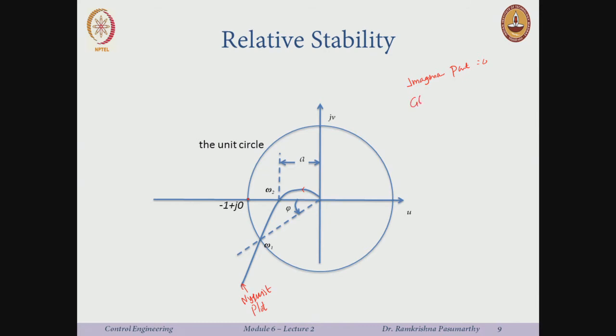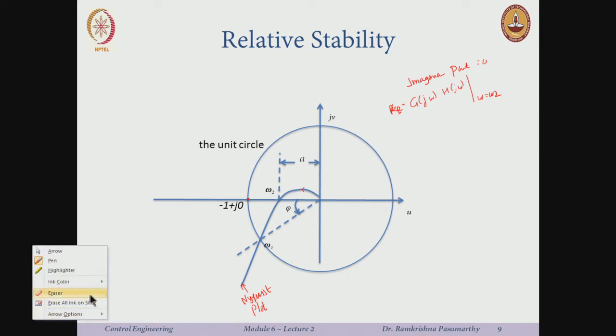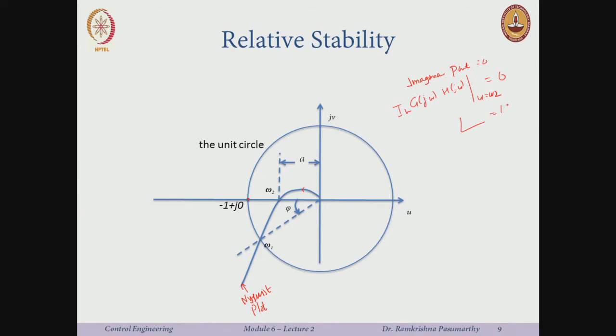So, let me call say G(jω)H(jω) at ω equal to ω2, the imaginary part of this goes to 0, or in other words, you can say that the angle would be -180 degrees. Okay. So, this is a thing here, right, at ω2.